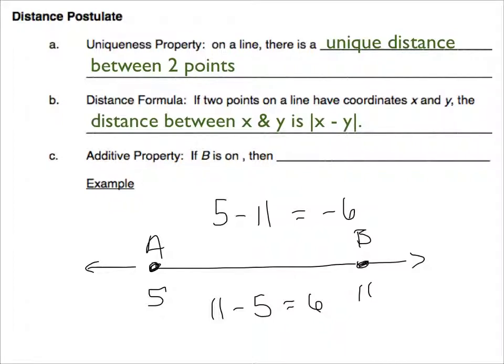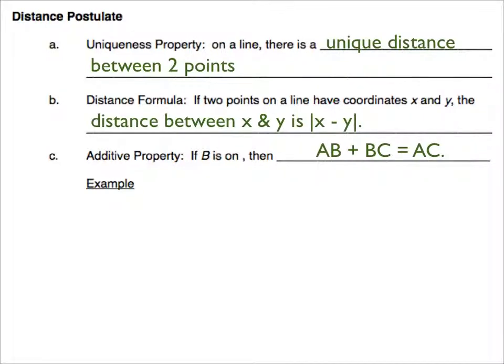Okay? Here I have to add something. It should say if B is on line AC, that should go right here. I don't know how that got missed. If B is on AC, then AB plus BC equals AC. Okay, and I'll show you my example right here. Here's a line.